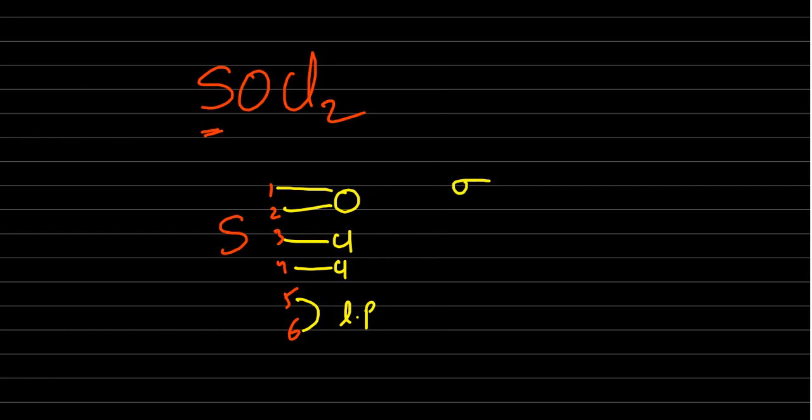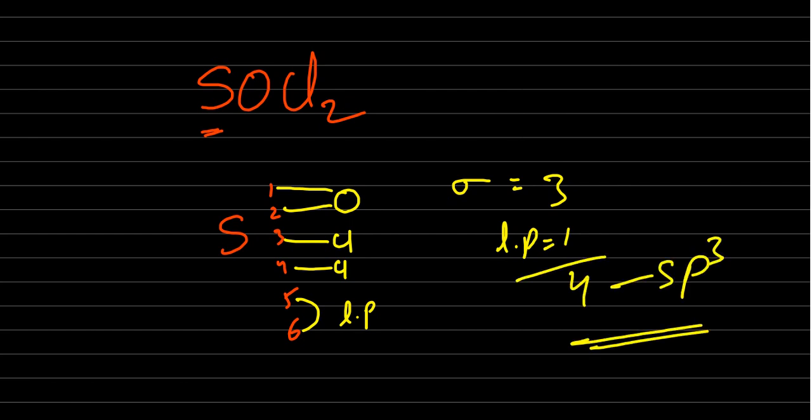So sigma bonds equal 3, lone pair equals 1, total 4, which means sp3 hybridization. Sp3 means again you take tetrahedral geometry, and again you keep 1 lone pair here. So what is the answer? Trigonal pyramidal is your answer.